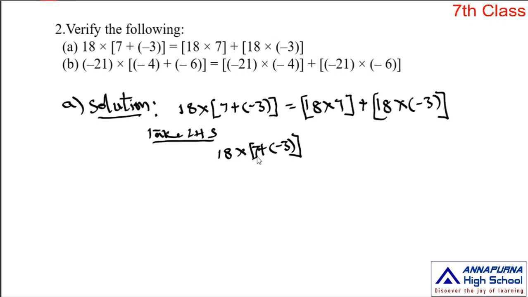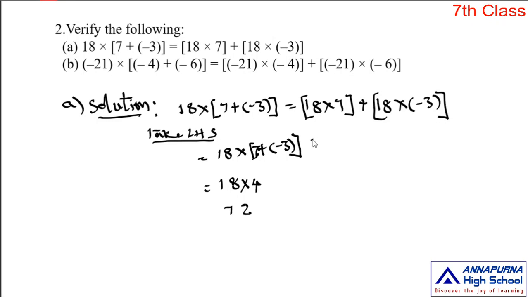When you add two integers of which one is positive and one negative, the result is positive or negative depending upon the higher value sign. So for 7 plus of minus 3, find the difference: 7 minus 3 is 4. The higher value sign is plus, so plus 4. Into 18 gives 72.